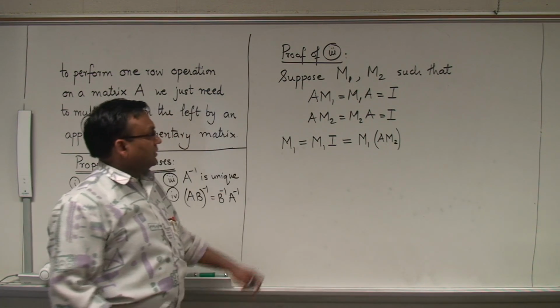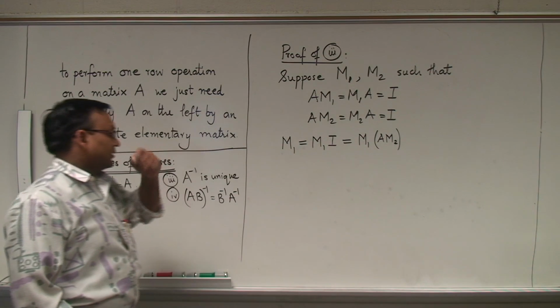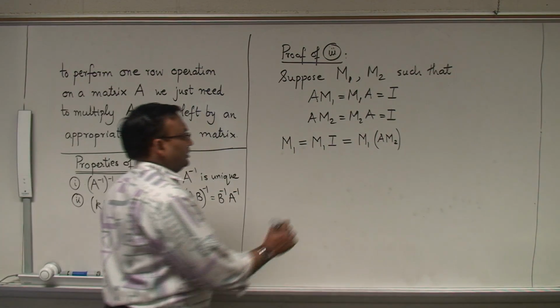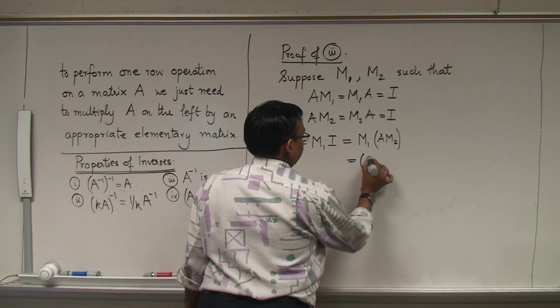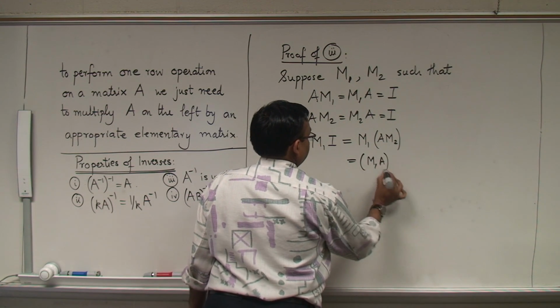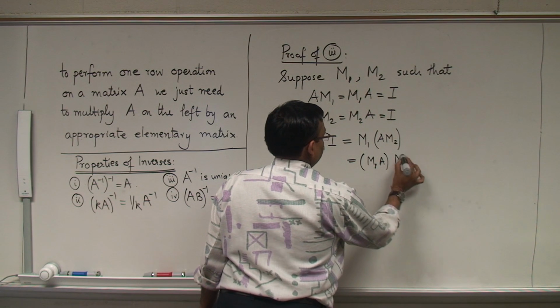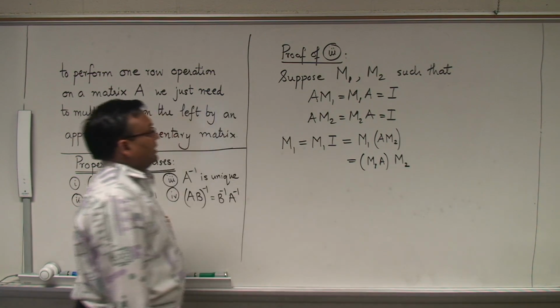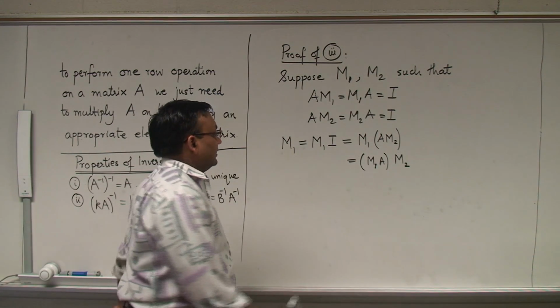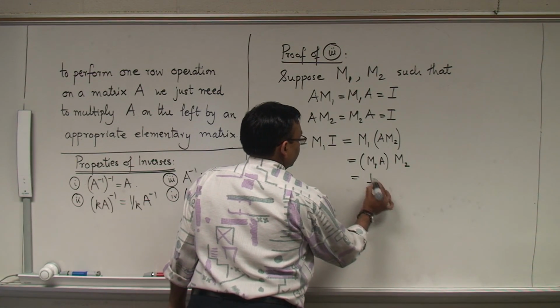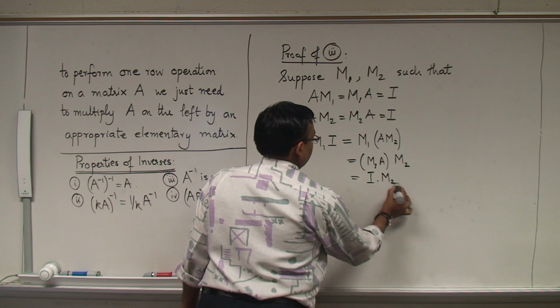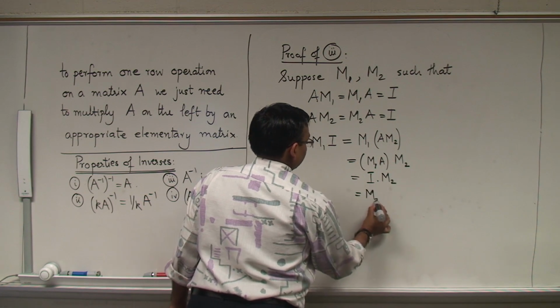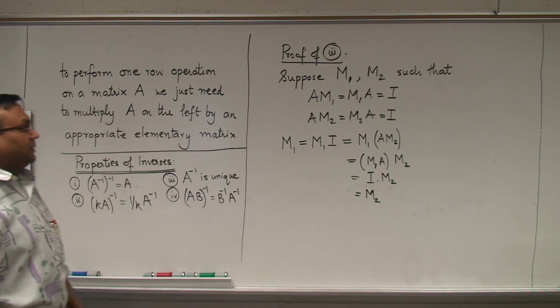Remember? AM2 is also I, so I'm just replacing I by AM2. Then using the associativity property of matrix multiplication, I can write this as M1A times M2. But then M1A is identity, so it is identity times M2. So this is M2.